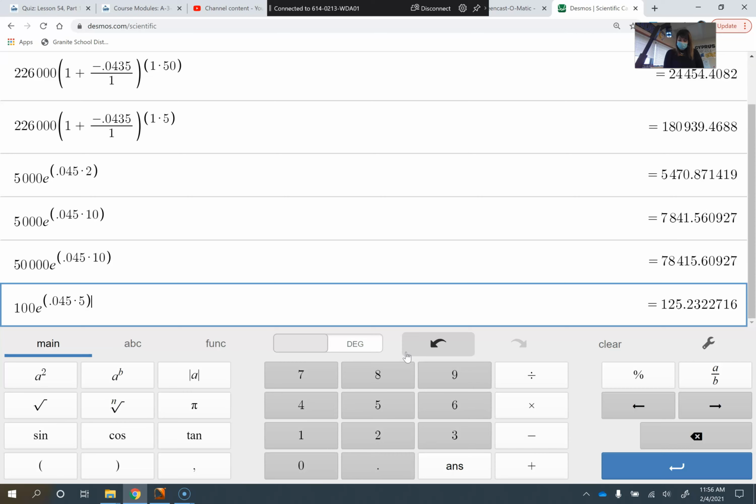So 10e to the negative 0.0562 times 10. You actually have to plug that in. So you guys plug it in because this mimics one of your practice problems.